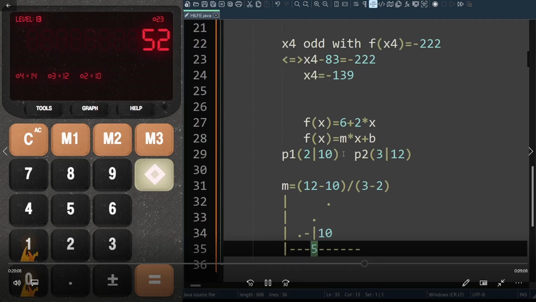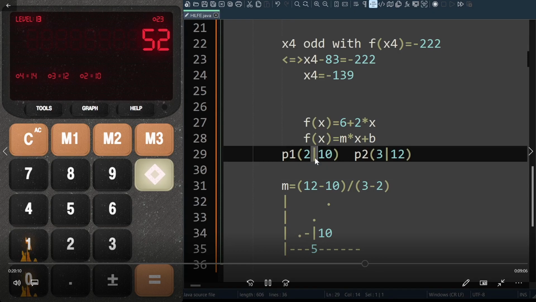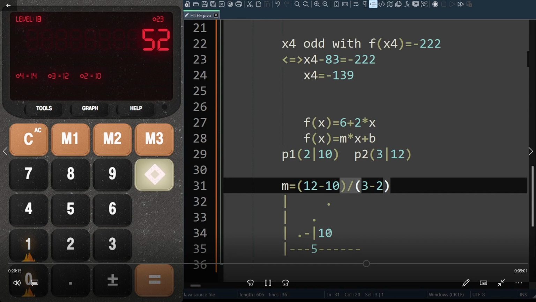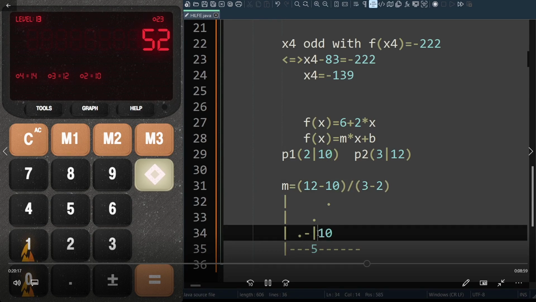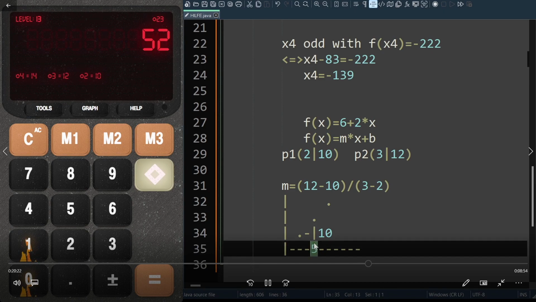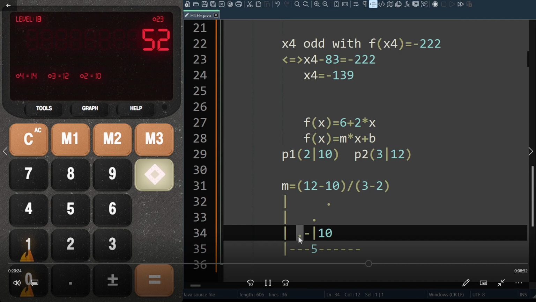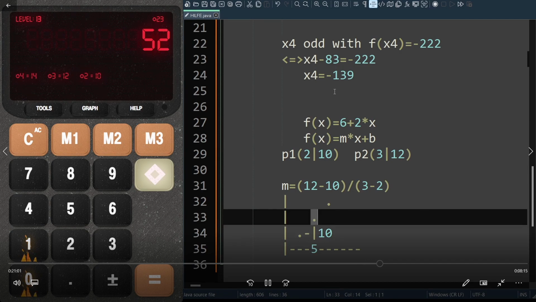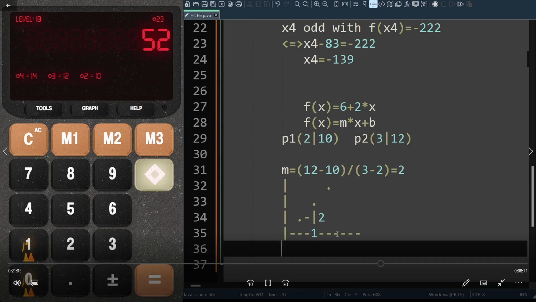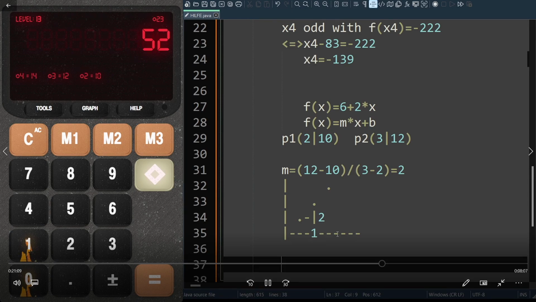In this case, the vertical height of the step would be 12 minus 10, so the difference in the y direction of those 2 points. And the horizontal step would be 3 minus 2, which would be the difference in the x direction, which would be 1. So all I'm doing is dividing those two, the height difference divided by the horizontal difference, and I get an increase of 2.